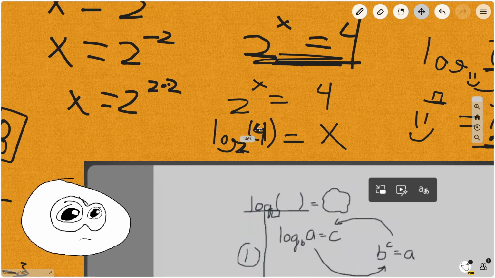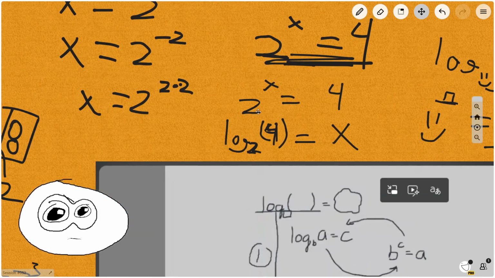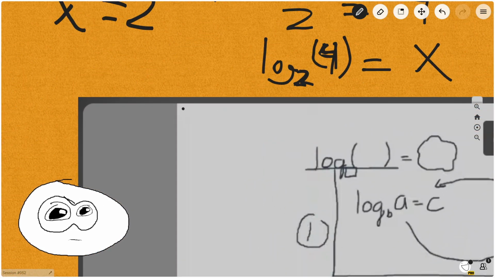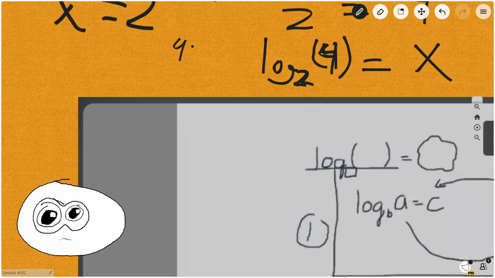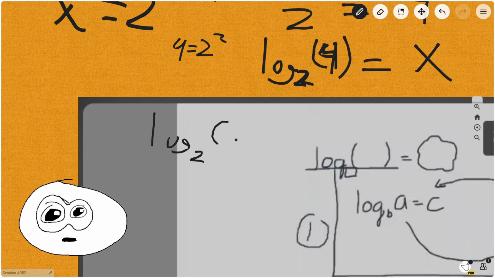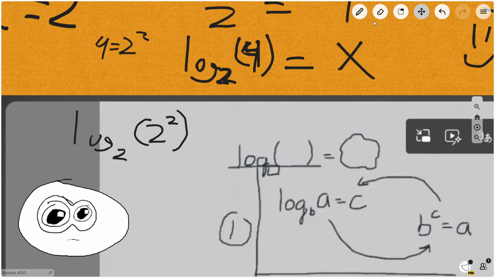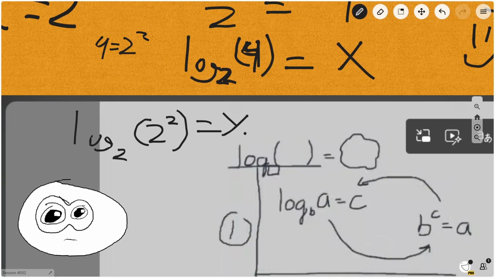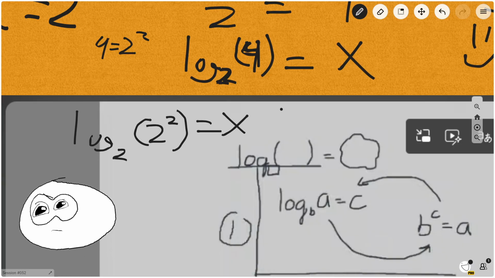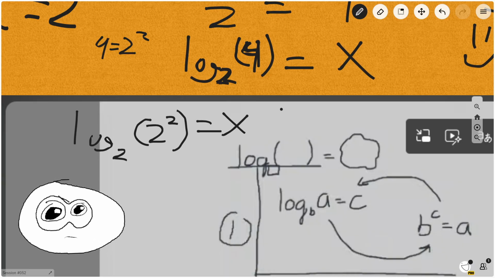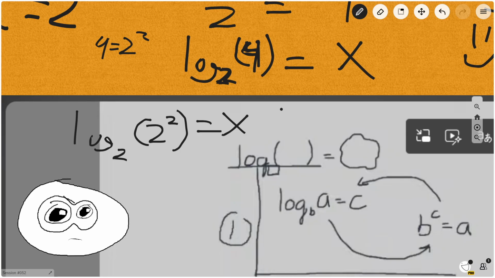And 4 can also be known as, let me just draw it on here, 4 equals 2 to the power of 2. So then you have this weird thing now where you have log base 2 of 2 to the power of 2 equals x. And now it seems a little weird, like now we're just shuffling numbers and I still can't quite figure out what we're doing.